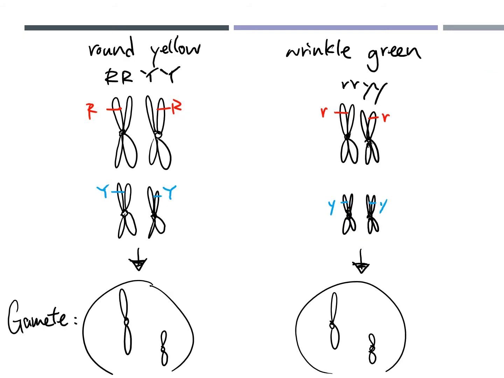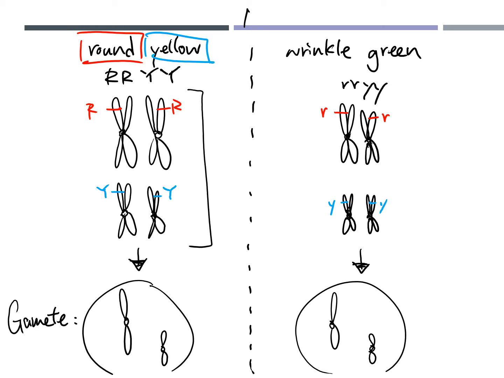The detailed mechanism works like this. Let's look at the left-hand side with the round and yellow seed parent, big R, big R, big Y, big Y. Before they produce the gametes, their parental cell looks like this.